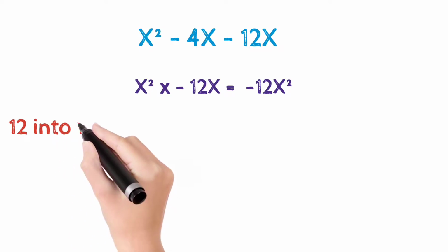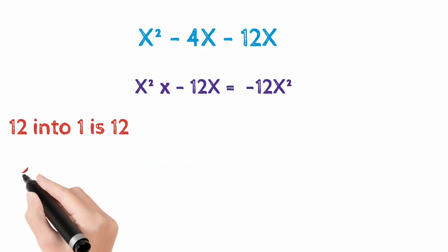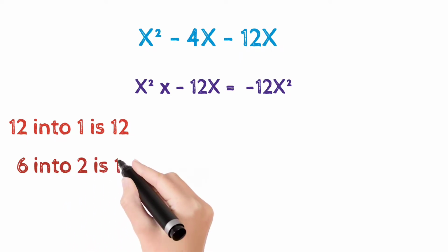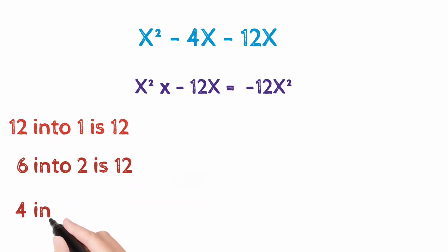Now let's find the factors of 12. 12 into 1 is 12, 6 into 2 is also 12, and 4 into 3 is also 12.